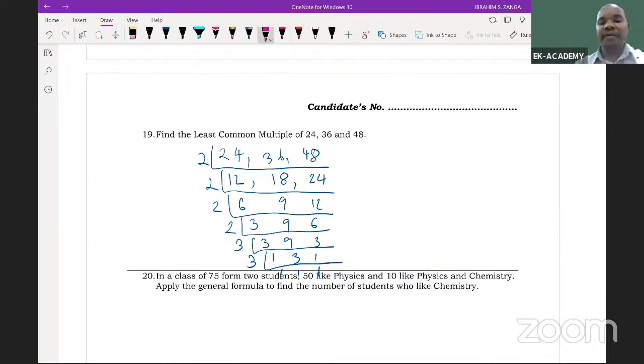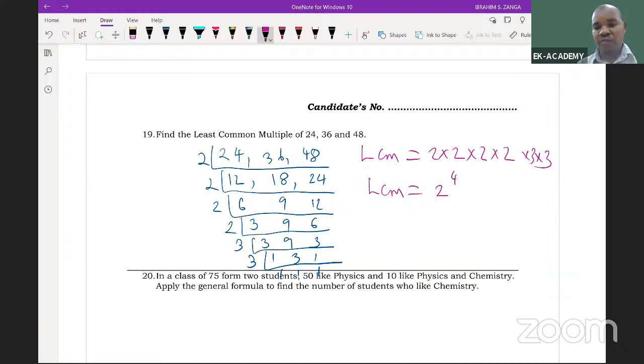So now the LCM is the product of these prime factors. So we have 2 times 2 times 2 times 2. How many 2s? 4. Times 3 times 3. So LCM is 2 power 4 times 3 power 2, equals 16 times 9.